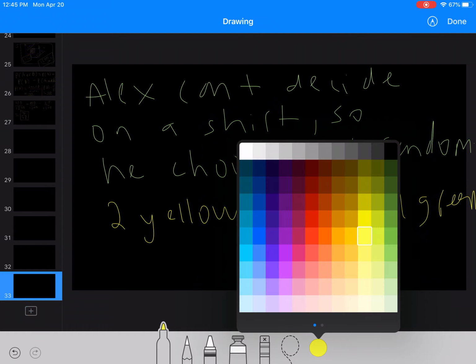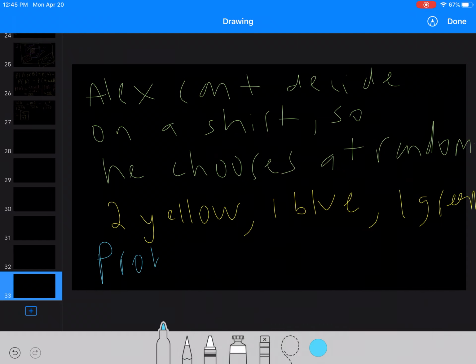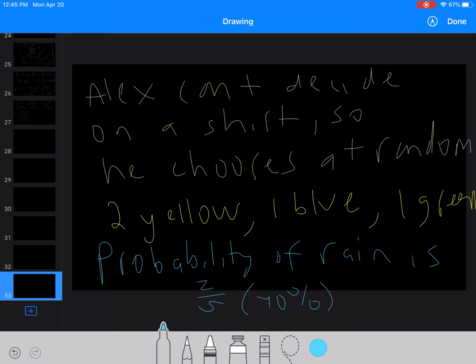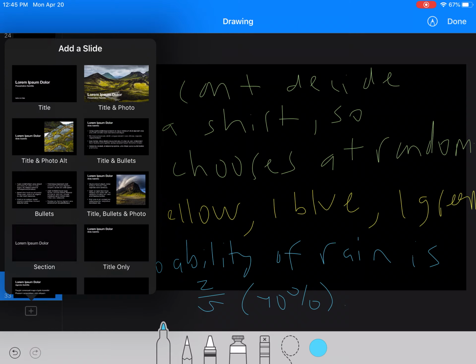We also know that the probability of rain is a 2/5 chance, which is 40%. Okay, so this is what we're given in the problem. So here's all of his shirts, combinations, and the probability of rain.